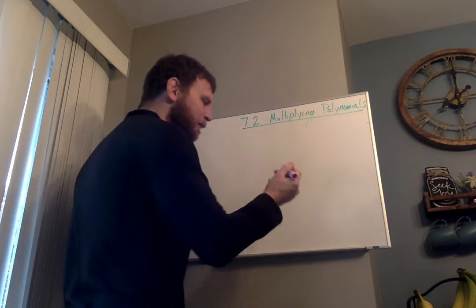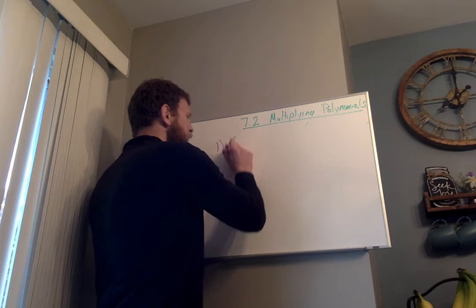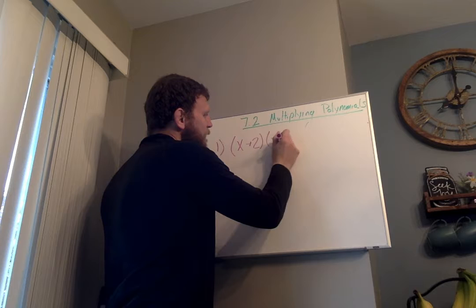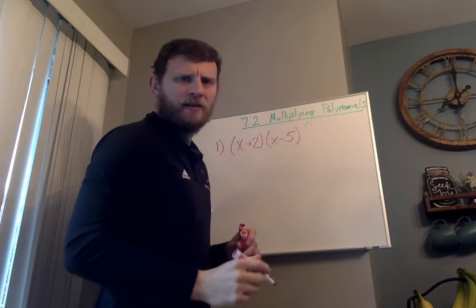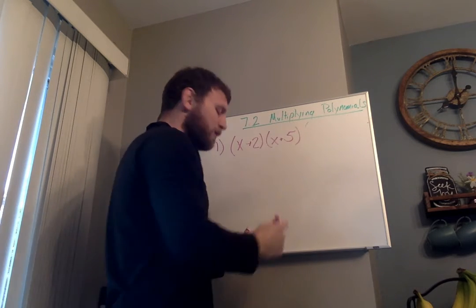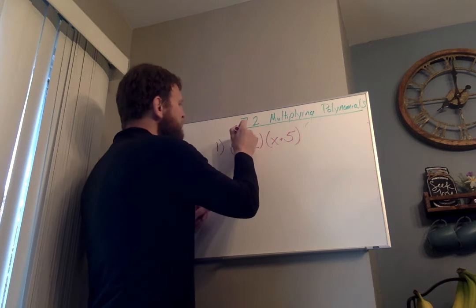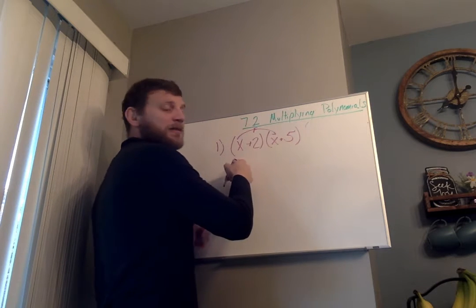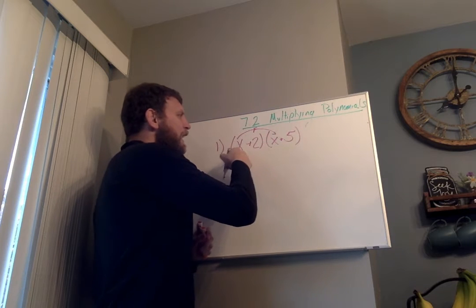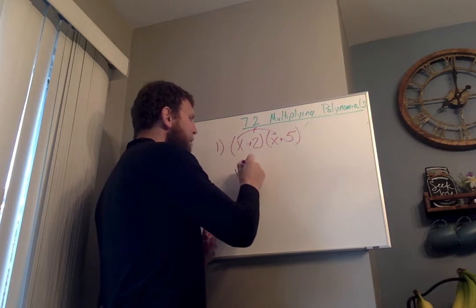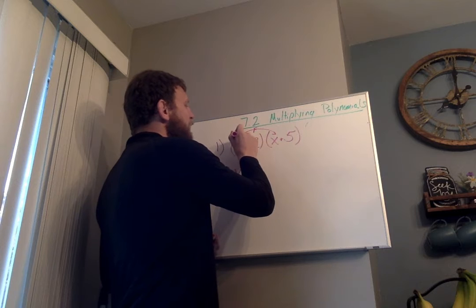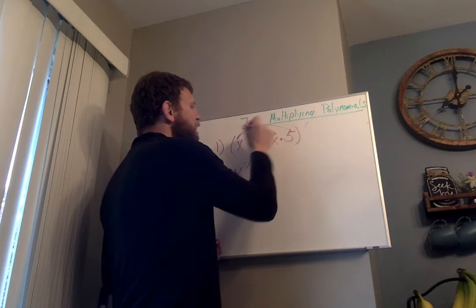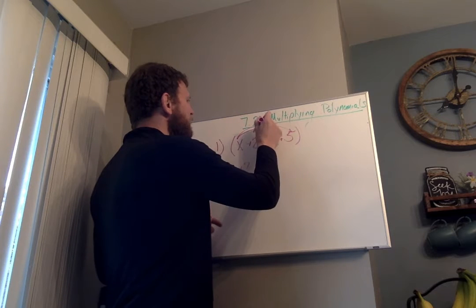So how does that help me out here? Well, when I'm doing number 1, it says x plus 2 times x plus 5. So what does this mean? Well, first means the first thing times the first thing. So x times x is x squared. Outer, well, that's the x, and the outer is the 5. So notice those two things are on the outside.